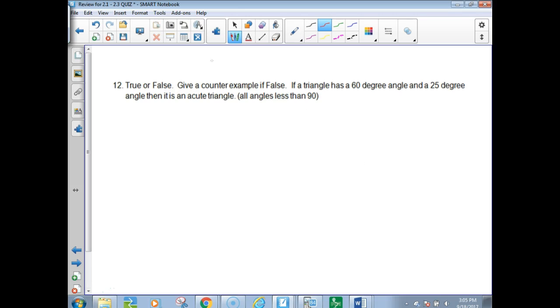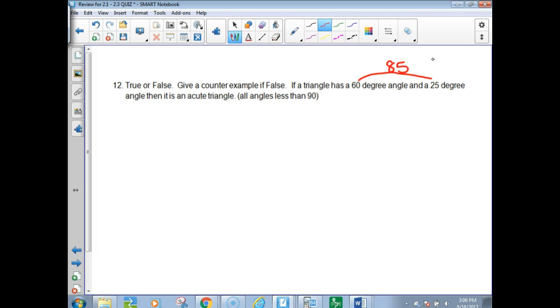Okay, now 11, that was 11. 12 says, give a counterexample if false. If a triangle has a 60-degree angle and a 25-degree angle, well, those only add up to 85. Then it's an acute triangle. All angles are less than 90. Well, how do we know if this is true or false? What we'd have to do is check what the third angle would have to be.